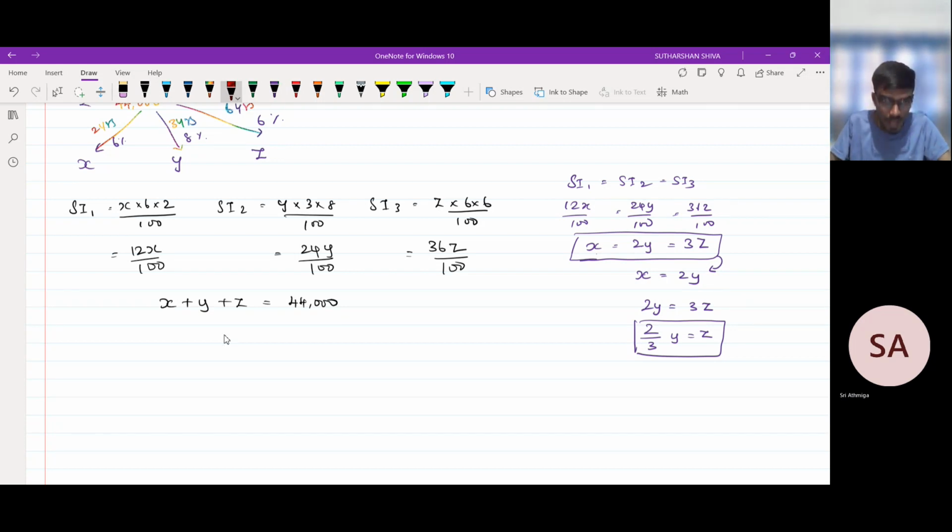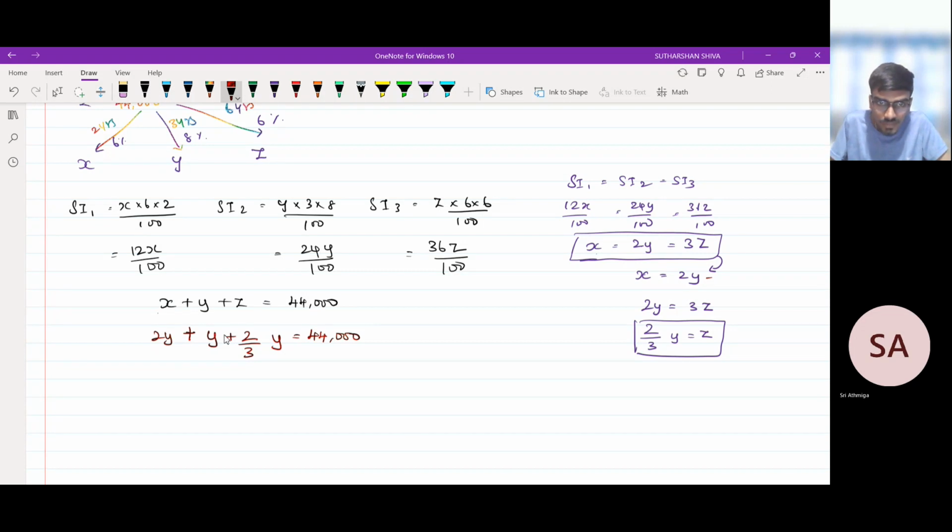Then I will come back and substitute here. X is equal to 2y, plus y remains the same, plus z is 2 by 3 y. Everything now comes under a common variable y, and it is 44,000. You can make x the common variable also, but here the common variable is y.